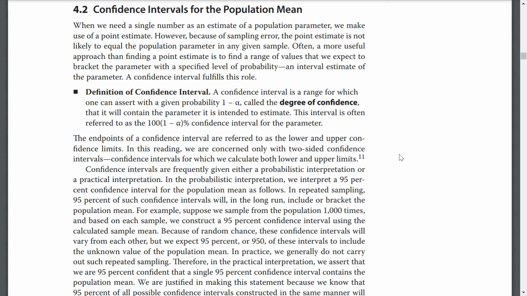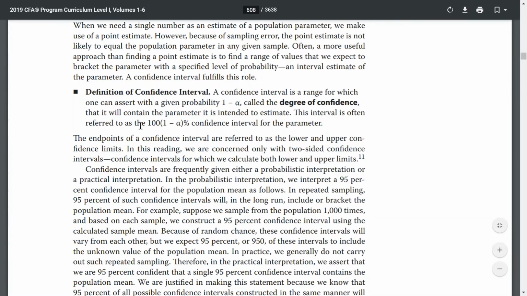A confidence interval is a range for which one could assert with a given probability, 1 minus alpha, called the degree of confidence, that it will contain the parameter it is intended to estimate.